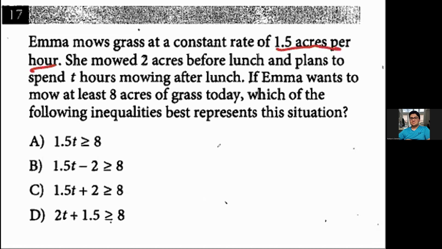So it's just 1.5 times the number of hours, which is specified as T. So 1.5 T. And then she mowed 2 acres before lunch and plans to spend T hours mowing after lunch. So it's 1.5 T plus 2.